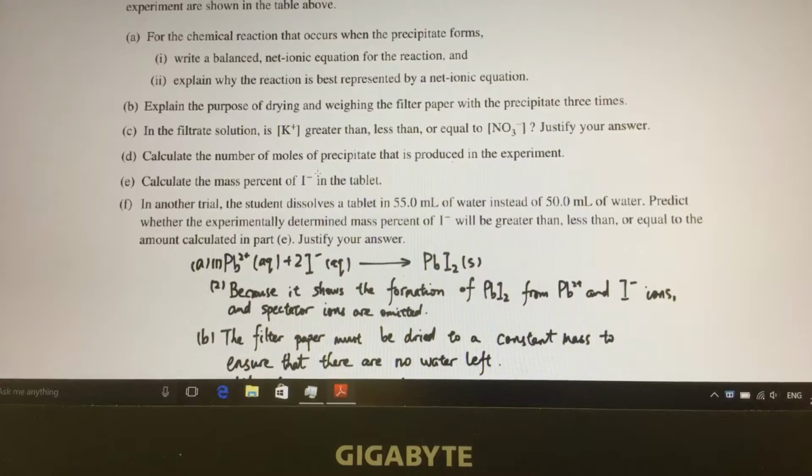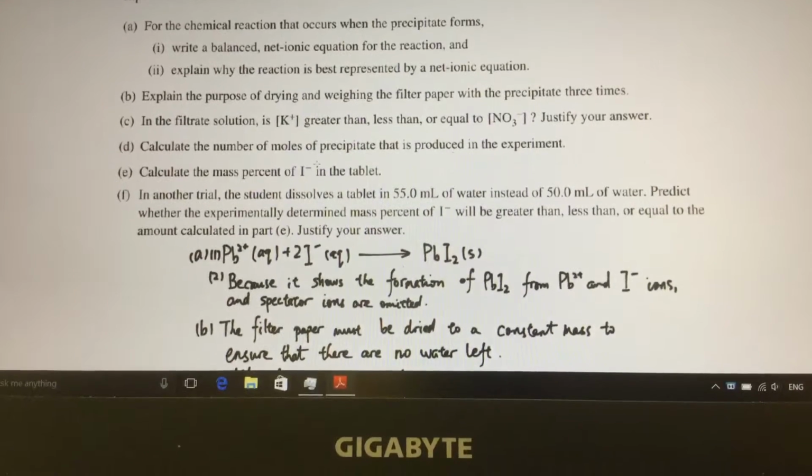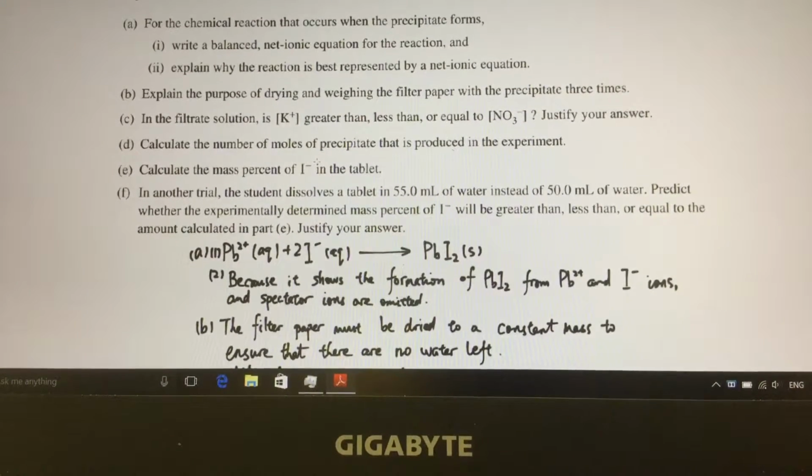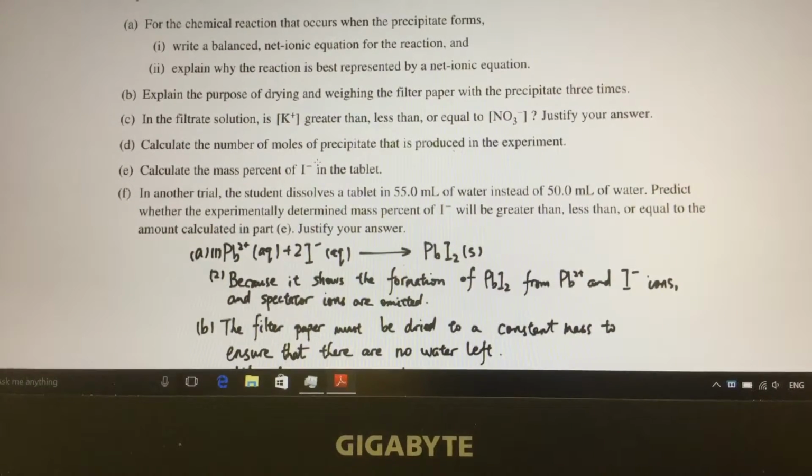Question C, in the filtrate solution, is the K plus greater than, less than, or equal to the NO3 minus ion?